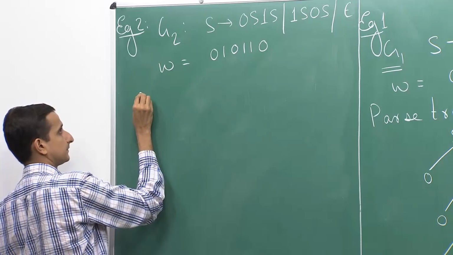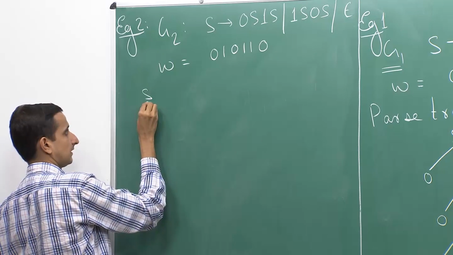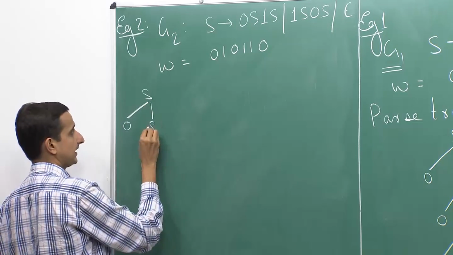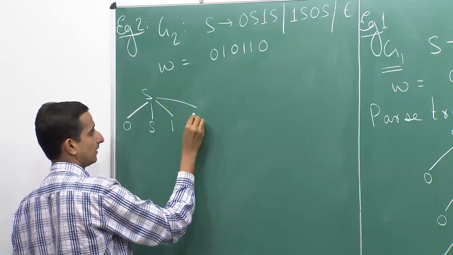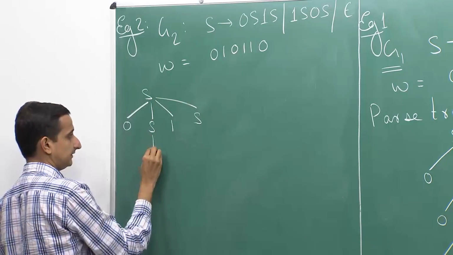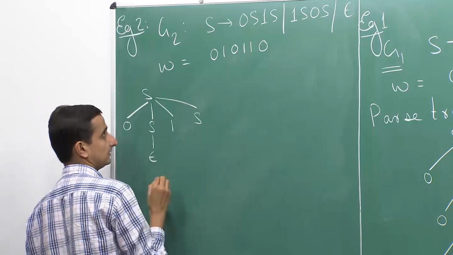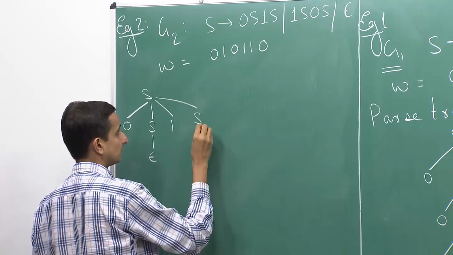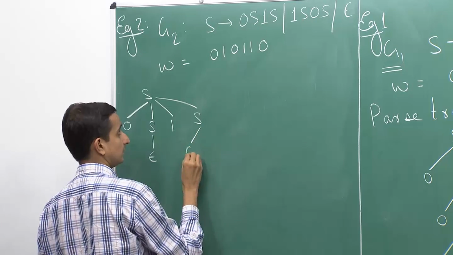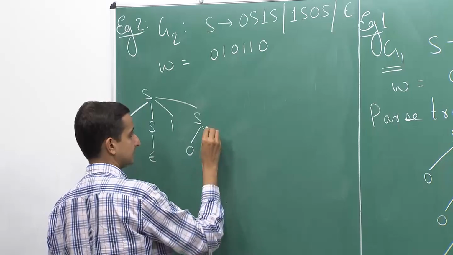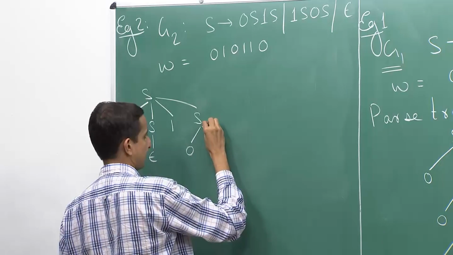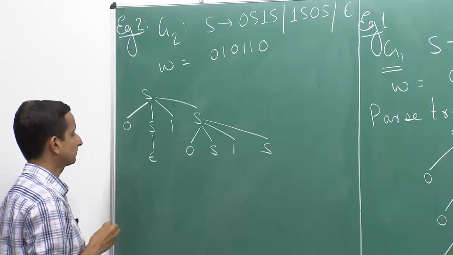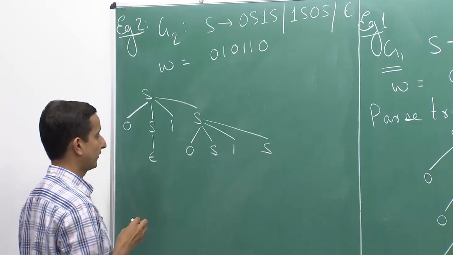okay, so we have S being replaced with 0 S 1 S, then this S is replaced with epsilon, this S is replaced with 0 S 1 S. Okay.